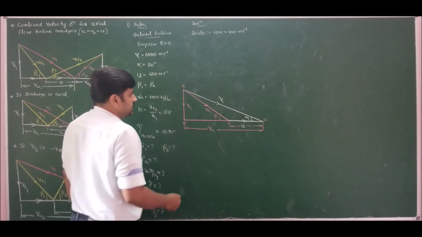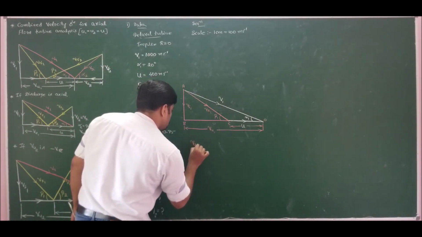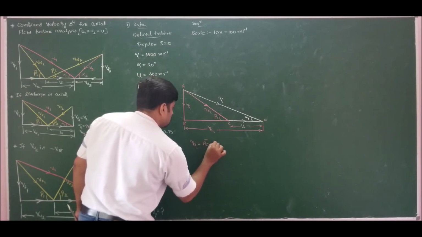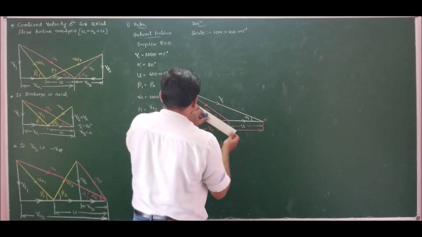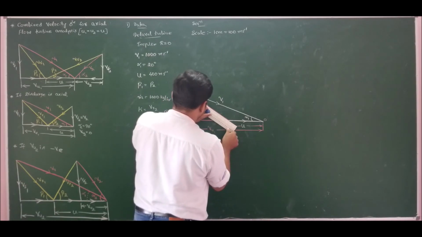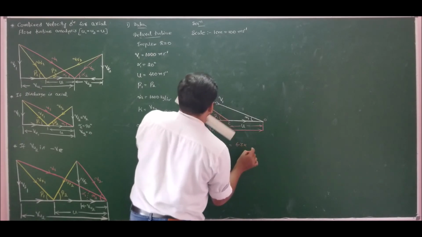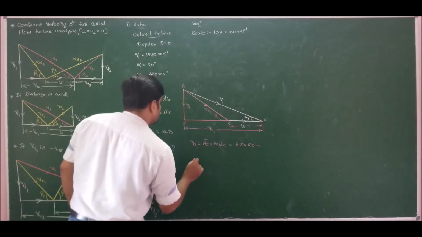So now let us calculate the values. VR1 is equal to line length AC into scale. If I measure, I get the line length as 6.3 centimeters into scale 100.